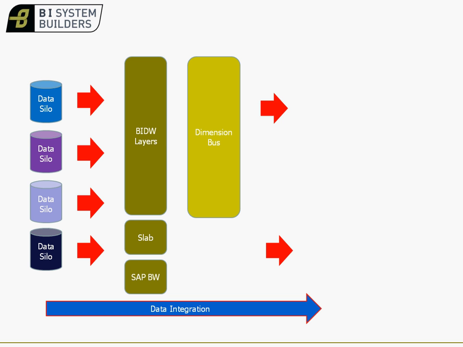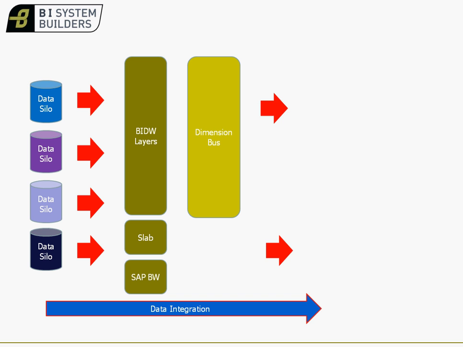There may be things that don't join at all to that BIDW, such as the slab that I talked about earlier for data mining. You may have SAP BW there that exists in the OLAP world, MDX, a different language, not even SQL.